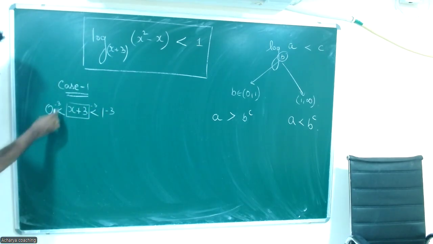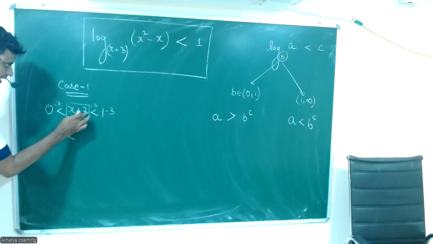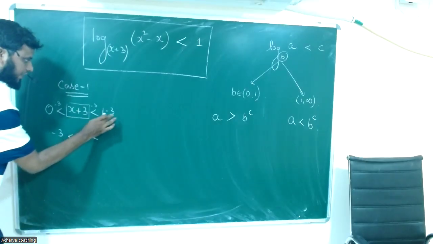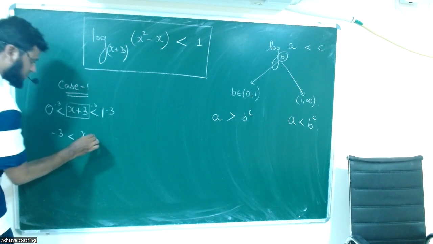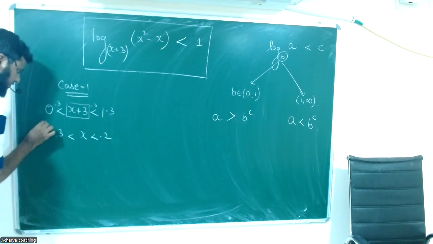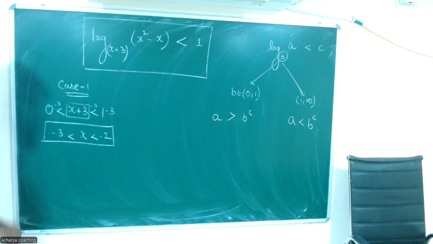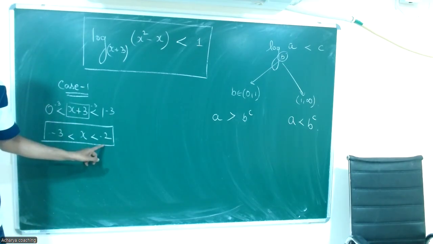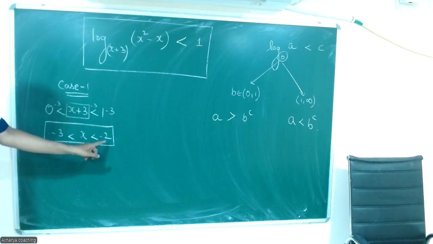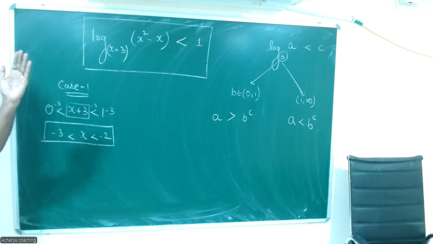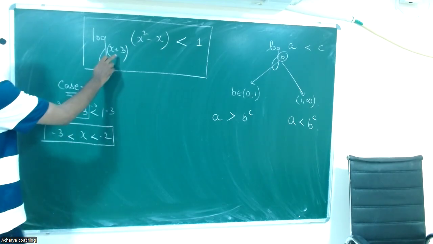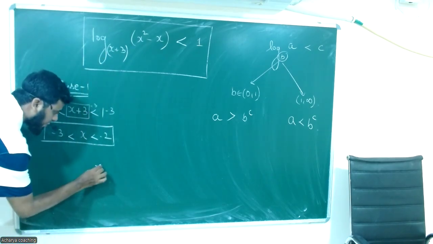If I do that, it will be minus 3 less than x less than 1 minus 3, which is minus 2. Any doubt in this? This is the case 1 I'm taking. X value is in between minus 3 to minus 2. Any value I take in this interval, this x plus 3 will be in between 0 to 1. Clear or not?